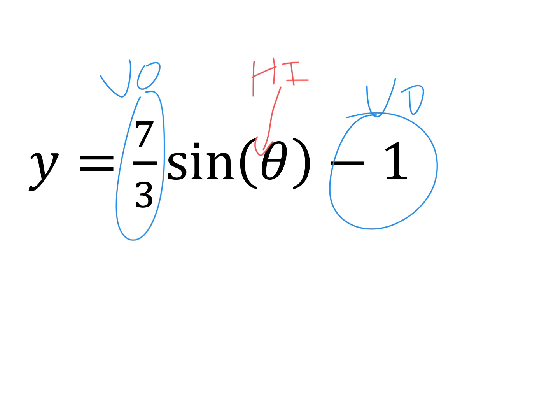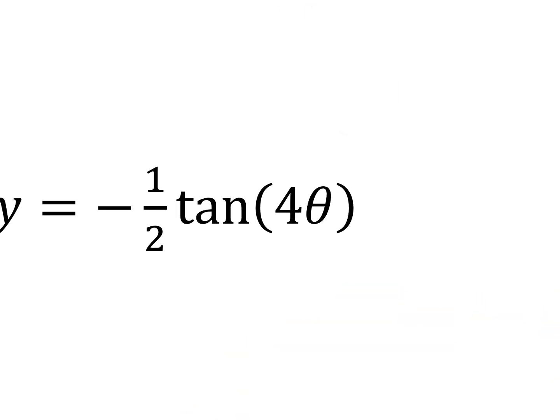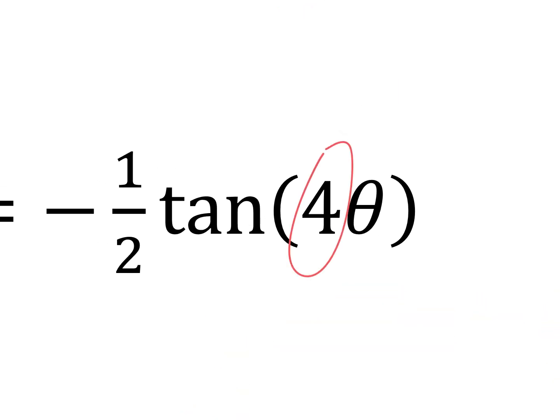Horizontal changes are on the inside. And remember, on the stuff on the inside, it's the opposite of what you would think. Like, you would think that this makes it 4 times horizontally. But it's the opposite of that. It's 1/4 as big horizontally. Remember that deal? Opposite of what you would expect on the inside.